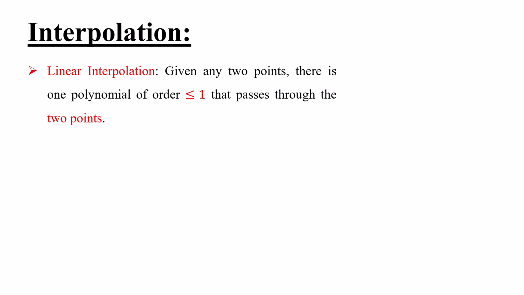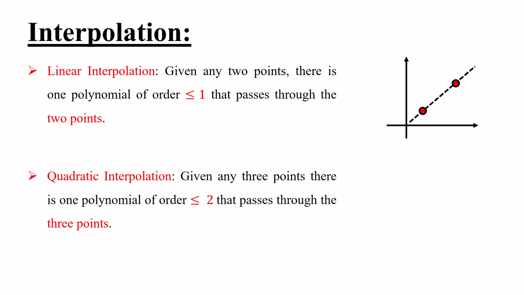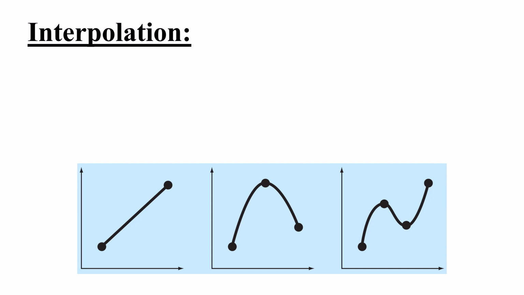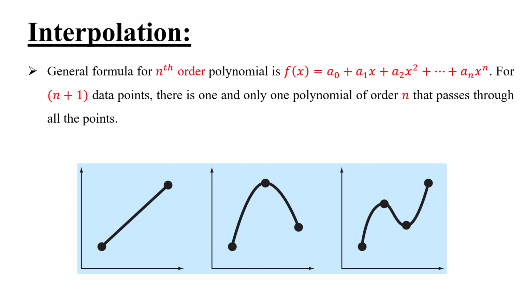Now the basic idea behind interpolation is that for linear interpolation you need 2 points. If you have 2 points, you can fit a linear interpolation. If you have 3 points, then this is quadratic fitting. This is the basic rule that we normally use.